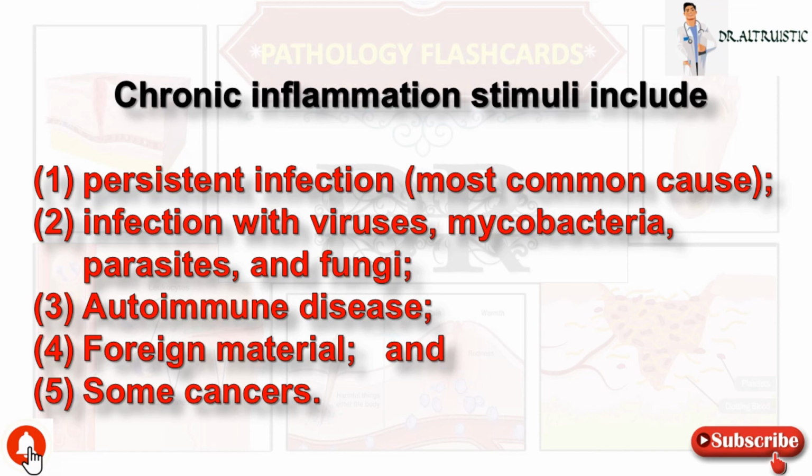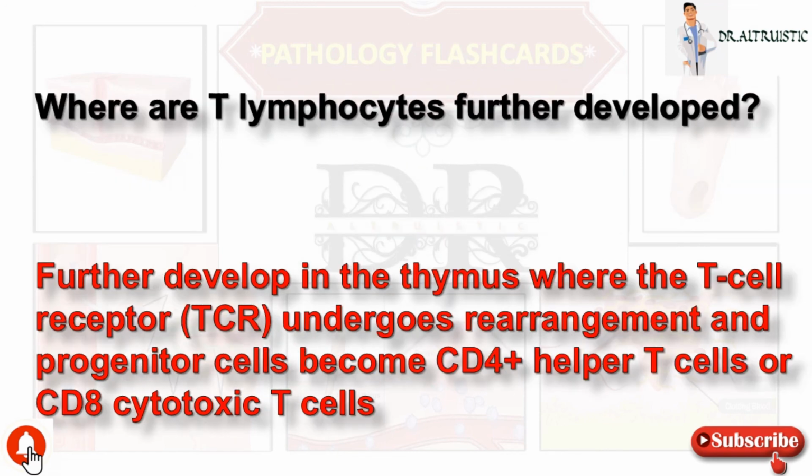Where are T lymphocytes further developed? They further develop in the thymus where the T cell receptor, TCR, undergoes rearrangement and progenitor cells become CD4 plus helper T cells or CD8 cytotoxic T cells.